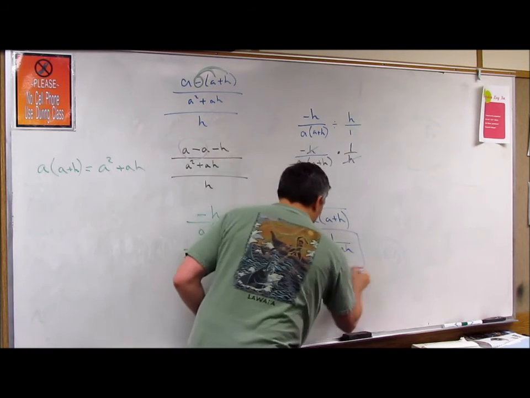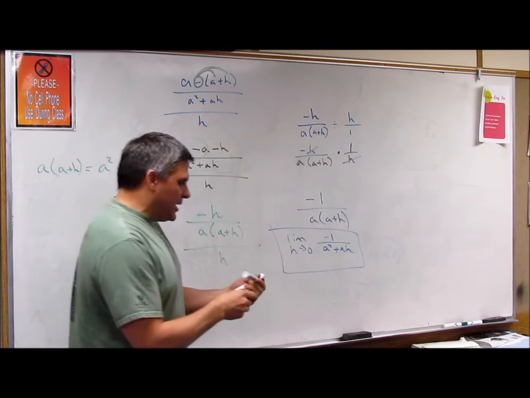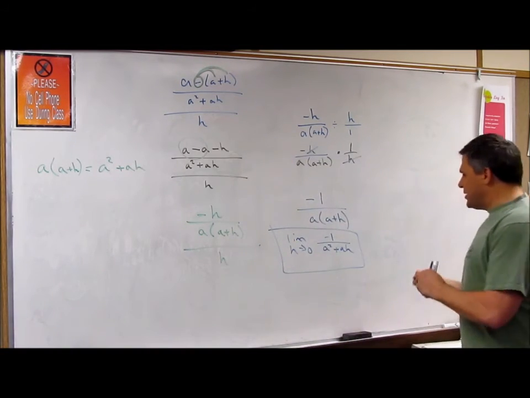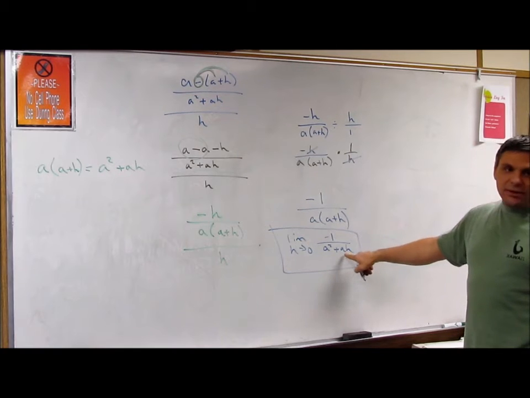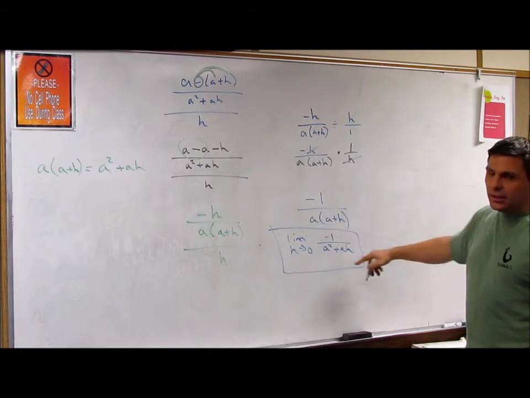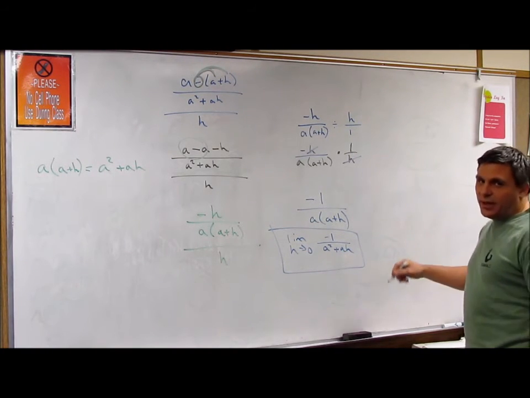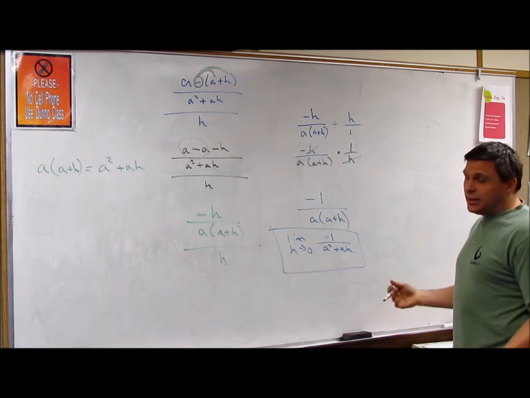So this is what I have, but I'm not done, because when h is 0, then 0 times a is 0, and a plus 0 squared is a squared.